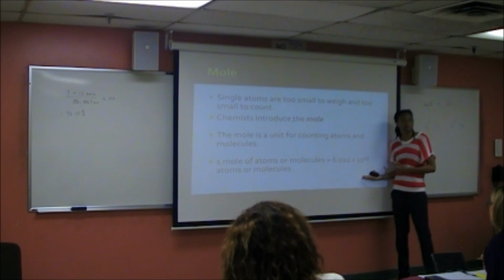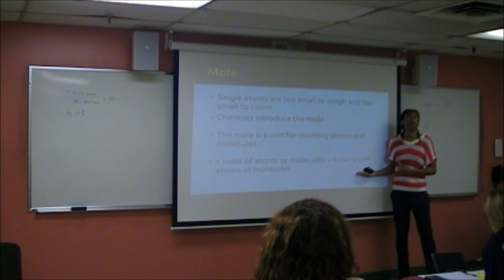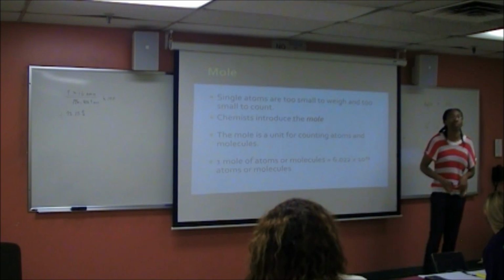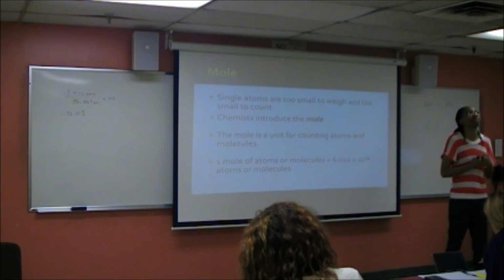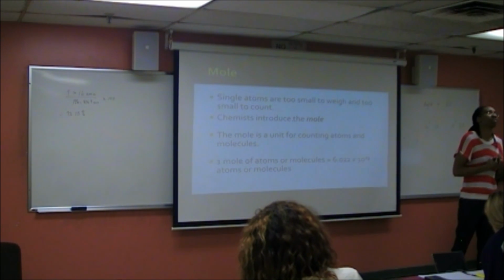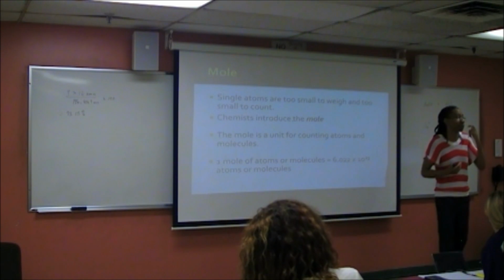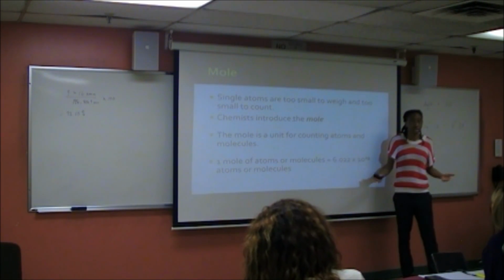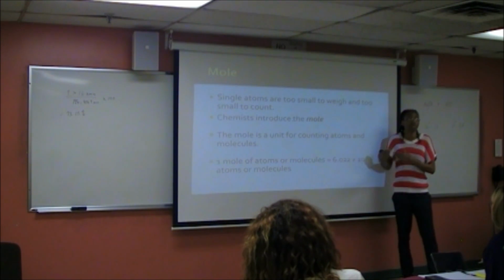That number: 6.022 times 10 to the 23rd atoms or molecules. If I ask you how many ounces are in a cup, what would you tell me? 8. This is the same type of conversion I'm talking about.